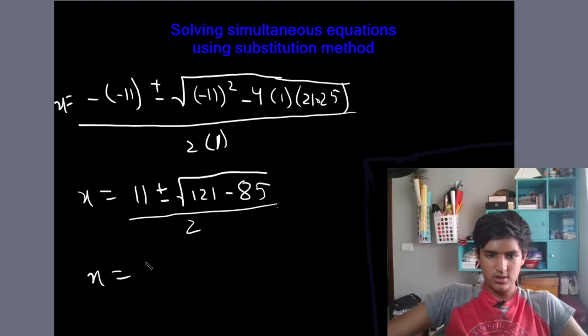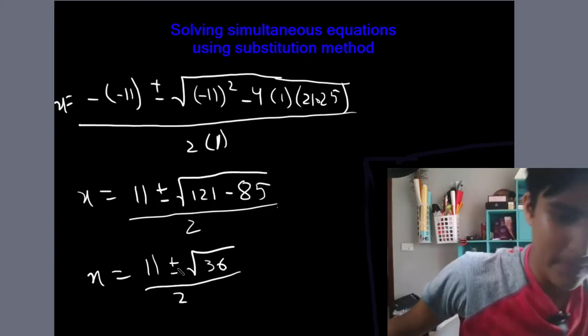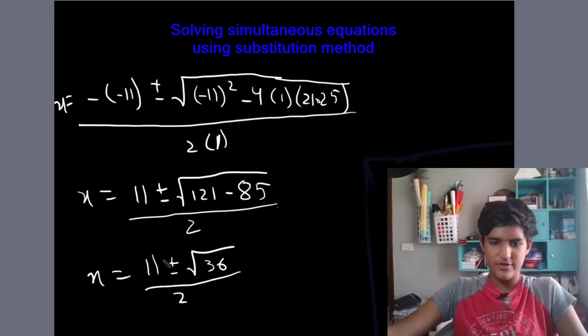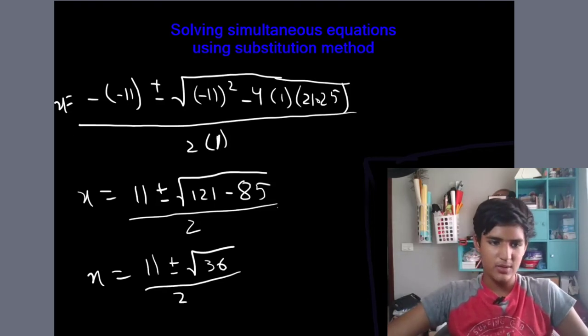So x is equal to 11 plus minus under root 36 upon 2. Now we have a plus minus sign. That means we'll have to separate this equation. One will have the plus sign and the other will have the minus sign.